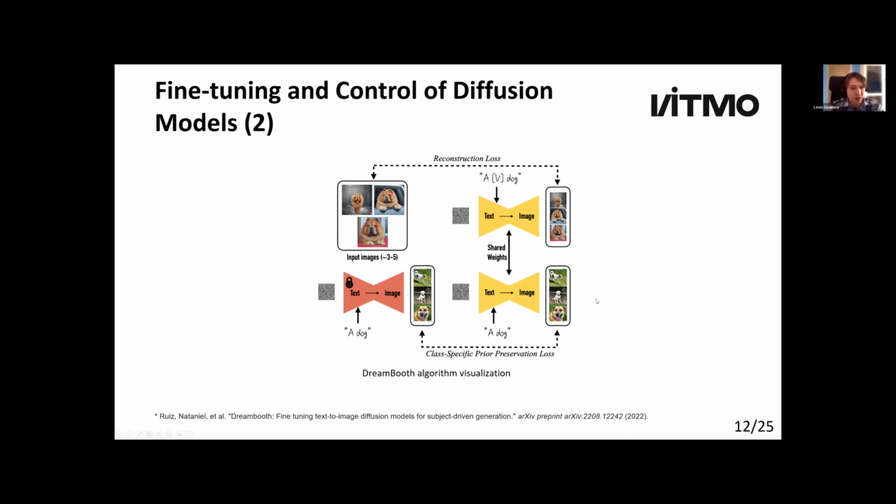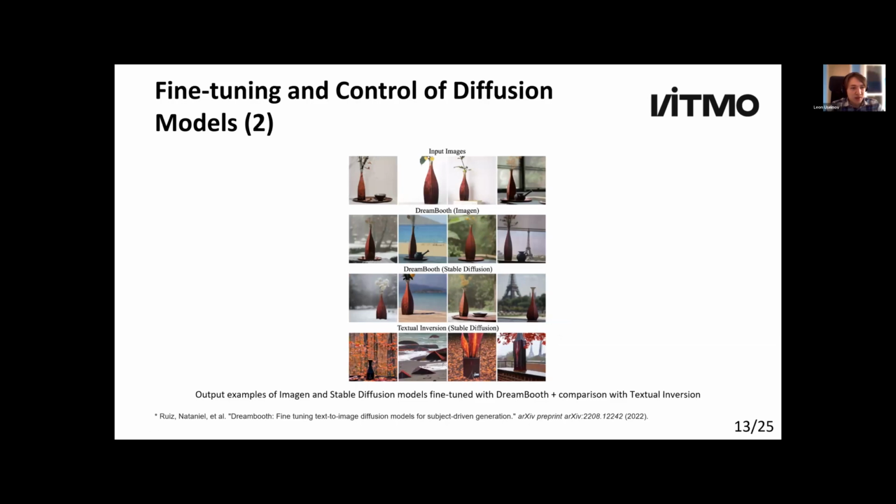And this is an example of what Stable Diffusion can do after the Dreambooth method, and there is a comparison with textual inversion.